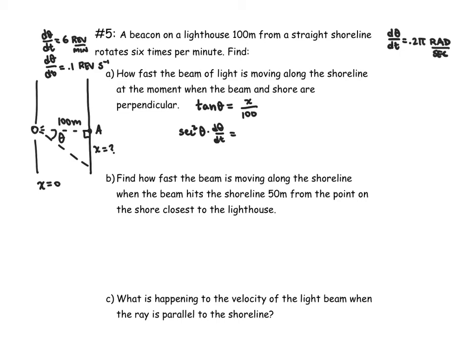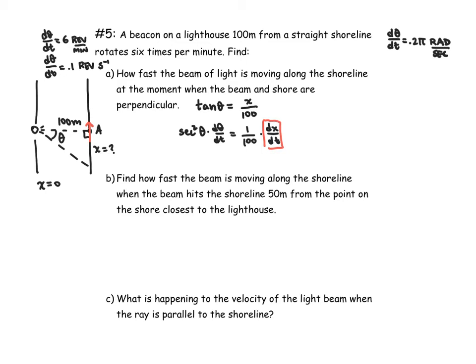The right side of the equation will be 1 over 100 times dx dt. Now, I know that I'm going to be seeking dx dt. It is the rate of change of the beacon of light as it passes through point A.